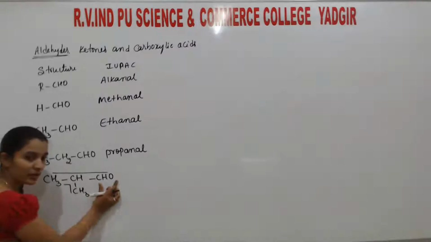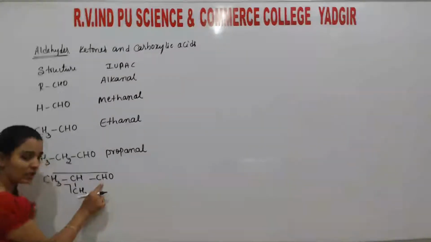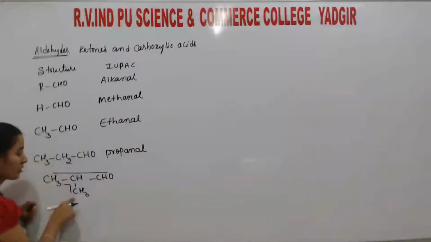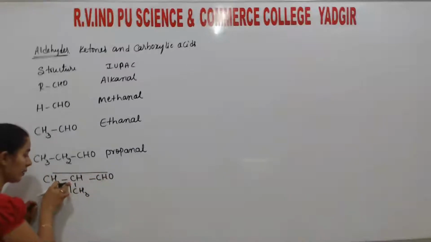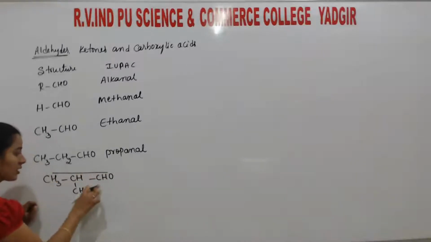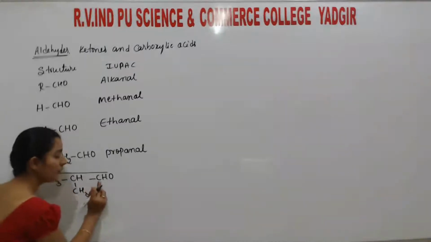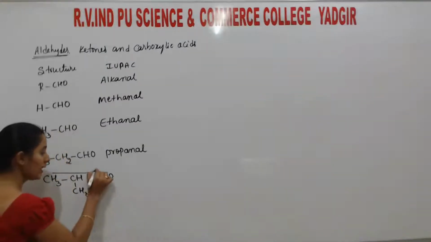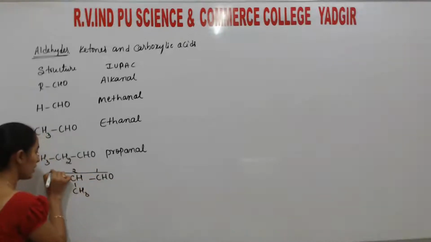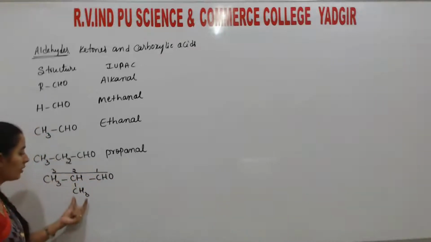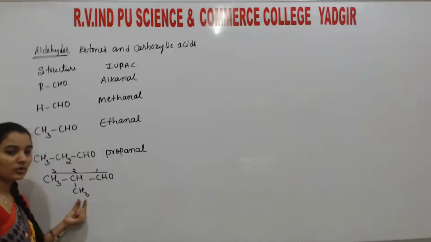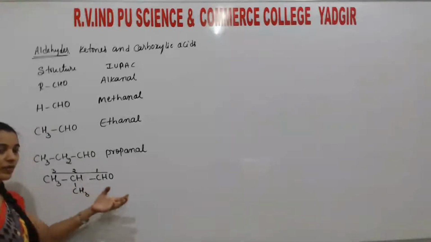This is the main functional group, preference is given to this, not to this. So that's why selecting the straight chain as the parent chain is the correct one. And while numbering also, the carbon atom where that CHO is present should get the minimum value. That is 1, 2, 3. No matter which number is assigned to this alkyl group, whether it is 3, 4, 5, 6.